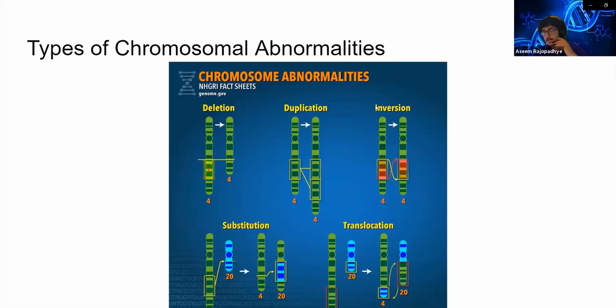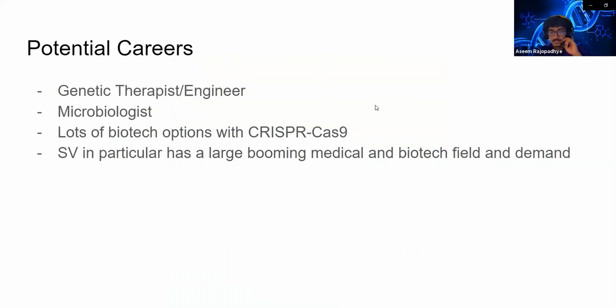All right. So getting to some potential careers. Here's just some listed off. A genetic therapist or engineer is one who works with genes, works to suppress genes, and this also relates to CRISPR-Cas9. If you don't know what that is, it is a tool used by some scientists to alter genes directly, and this can be used to correct disorders.